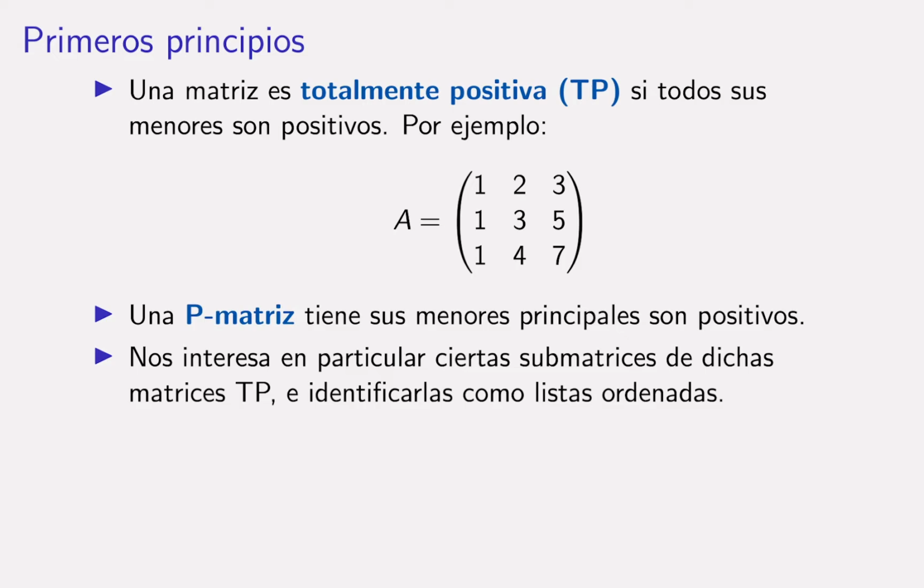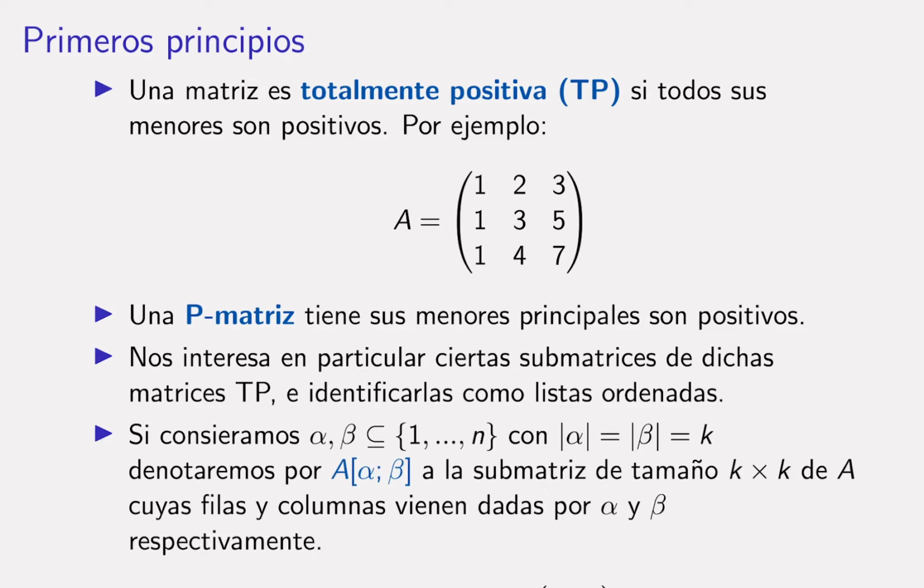Now we're only interested in the cases of certain submatrices of a TP matrix. So we really don't need to have a TP matrix at all. We only need TP for some particular minors of the matrix. So we are going to assume that we have the set of numbers 1 to n, the indices of an n by n matrix.